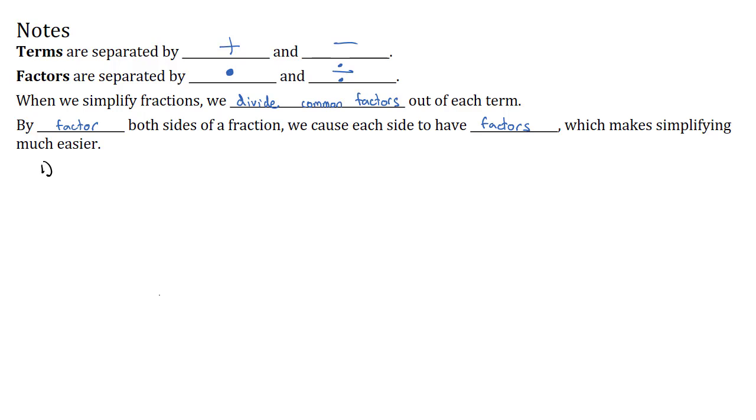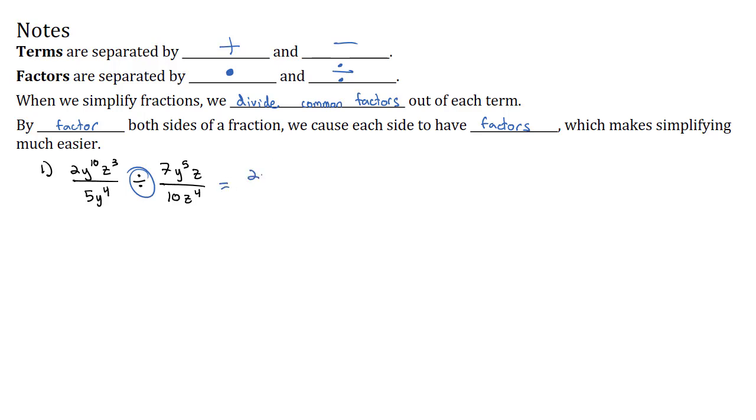Let's first do an example that has just factors in it. We'll do 2y to the 10th z to the 3rd over 5y to the 4th, and we're going to divide it by 7y to the 5th z over 10z to the 4th. Now, the first thing we're going to do with any division problem is we know from our arithmetic days that to divide a fraction means we're really going to multiply by the reciprocal.